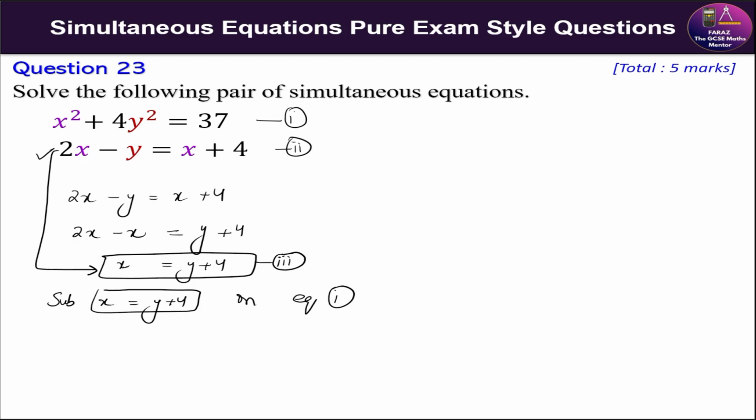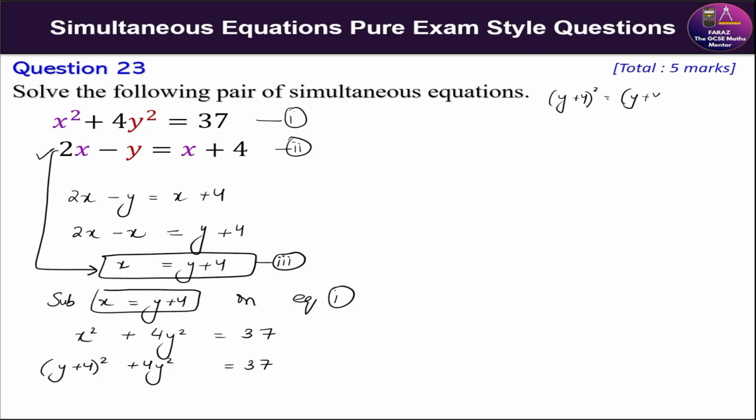It will look like this: x square plus 4y square equals 37, that's your equation number 1. And if you replace x by its value, which is y plus 4, we get (y plus 4) whole square plus 4y square equals 37. Now expand y plus 4 whole square.